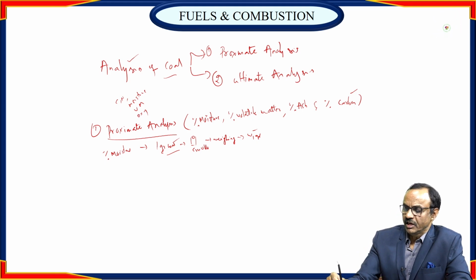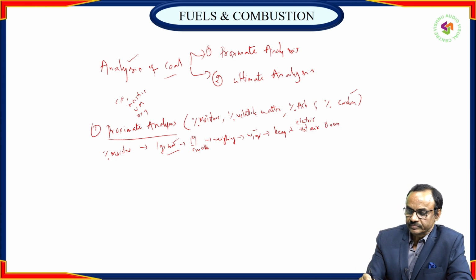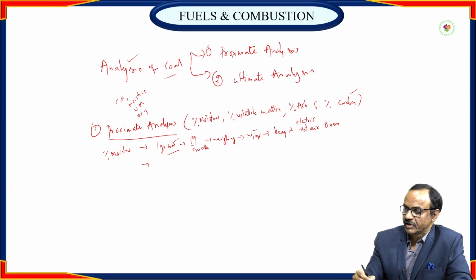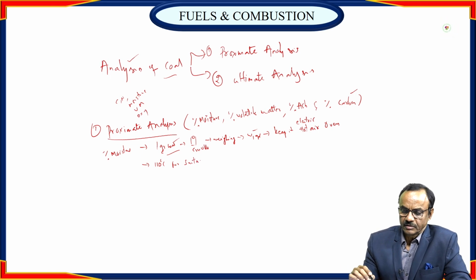Now, next, keep it in an electric hot air oven for heating. The temperature inside the oven is maintained at about 110 degrees centigrade, just for 5 minutes.